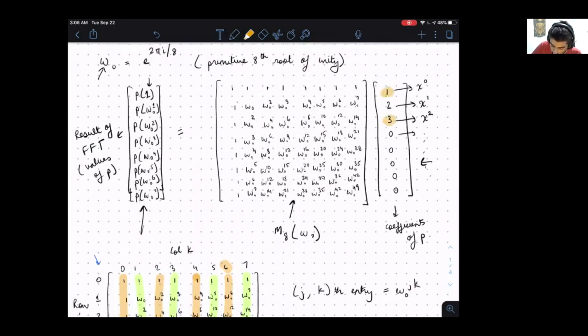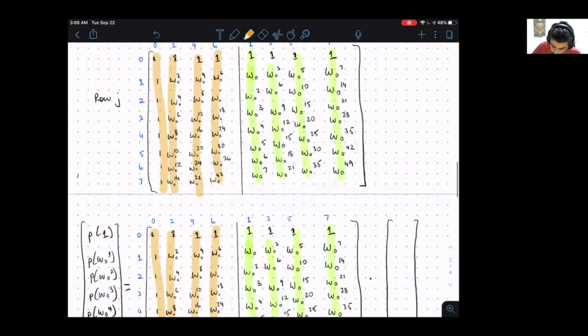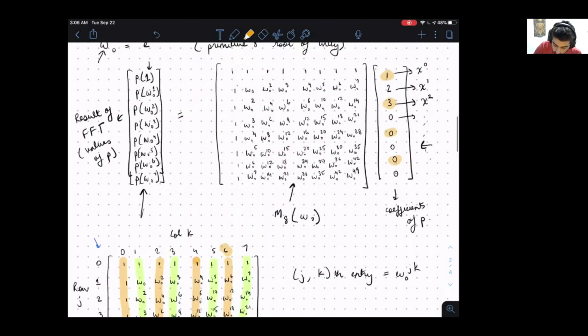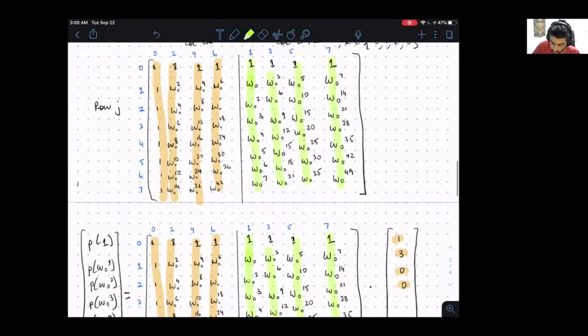terms of this vector over here and squish them first. So 1, 3, 0, 0. And remember, these were all the even ones. And the odd ones, which are 2, 0, 0, 0, we'll put in the second half.